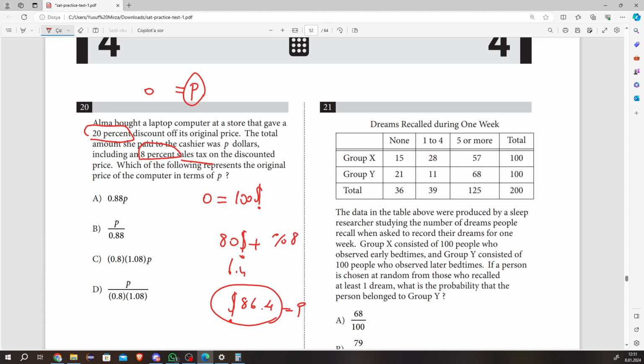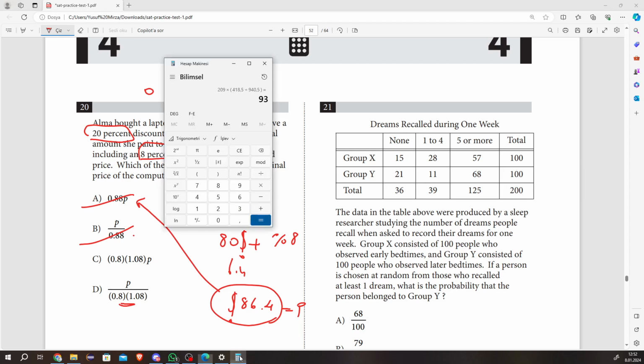So let's look at the questions and find the answer here, including the price on discounted. We should focus on the discounted price, so we are looking for the discount price. So let's give P, and it can be 100, it can't be 102, I think. Let's see on the calculator.